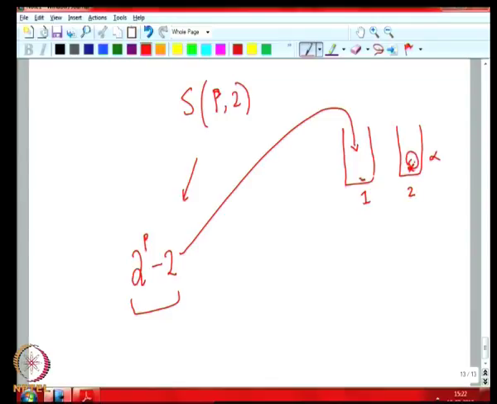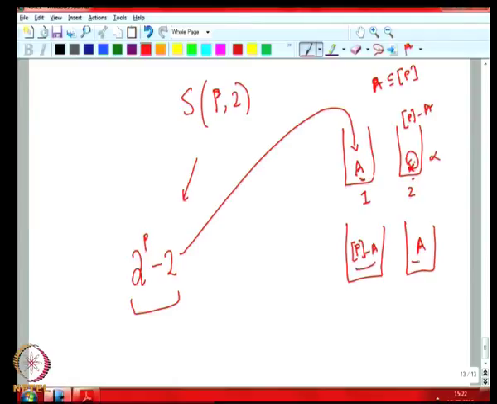If I give A here and P minus A there, where A is some non-empty subset of P, with A not equal to P, then we are also counting the case where P minus A is here and A is there. But because these boxes are indistinguishable, A being here and P minus A being there is the same as P minus A being here and A being there.